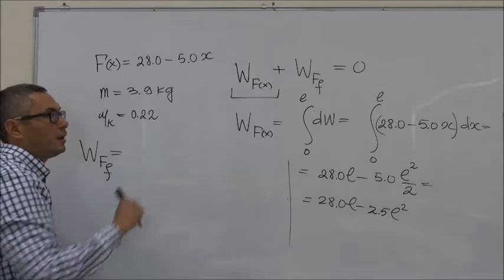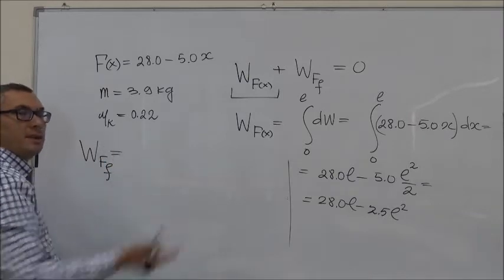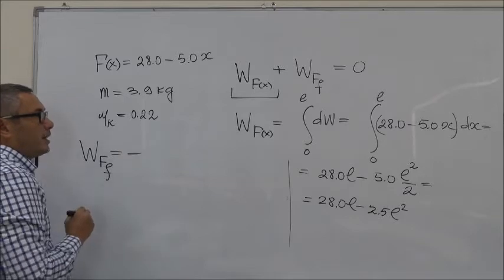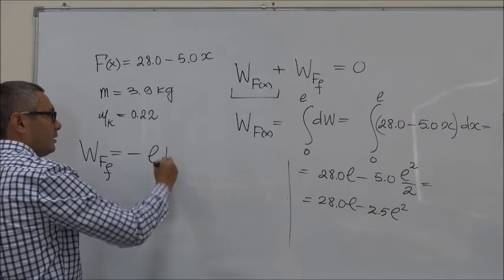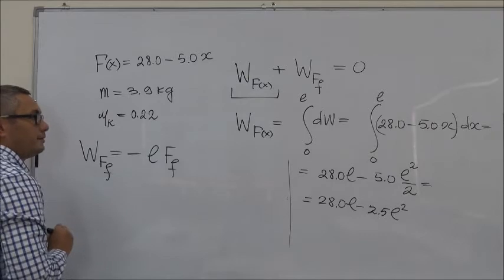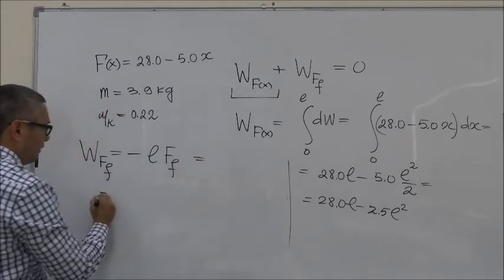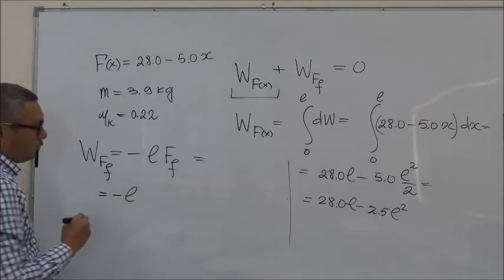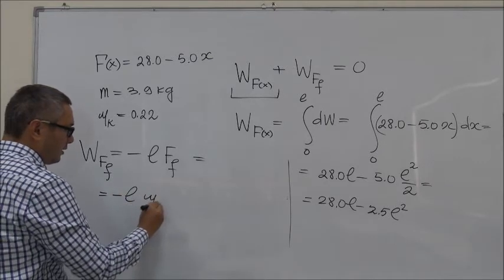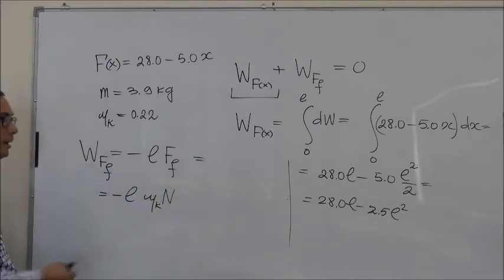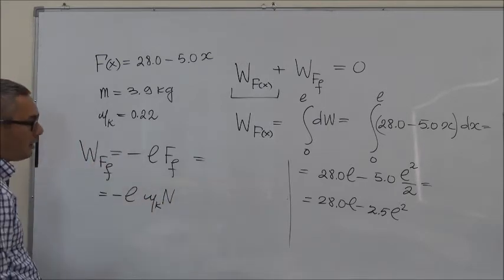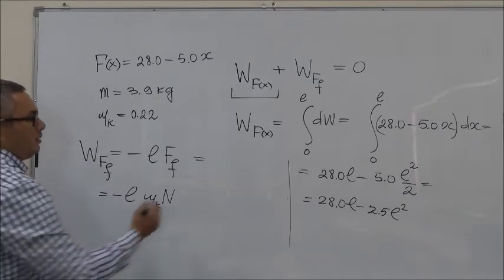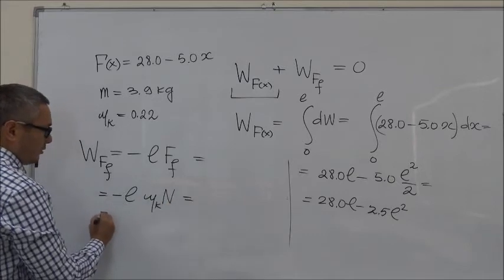So the two vectors will be opposite to each other, and therefore when we take a dot product, a negative sign comes out. So we have minus L times the friction force. The friction force is related to normal, so this will be mu k times the normal. In the vertical direction, there are no other forces except for normal and the gravity acting on the block, so we can say that the normal is equal to mg.